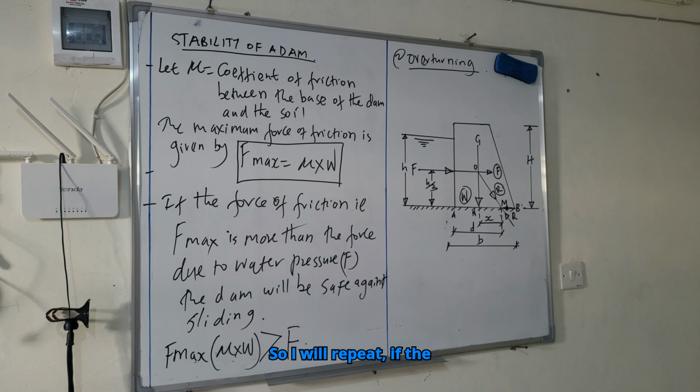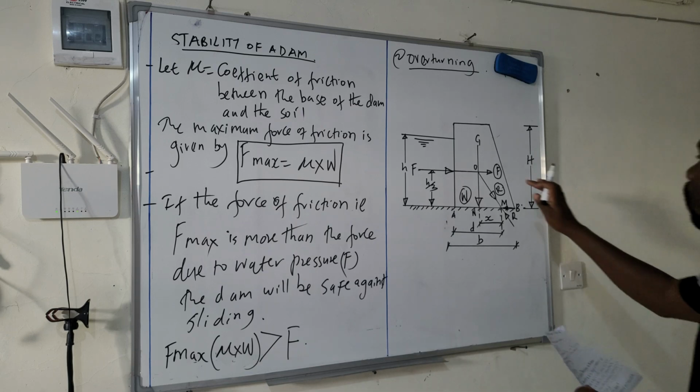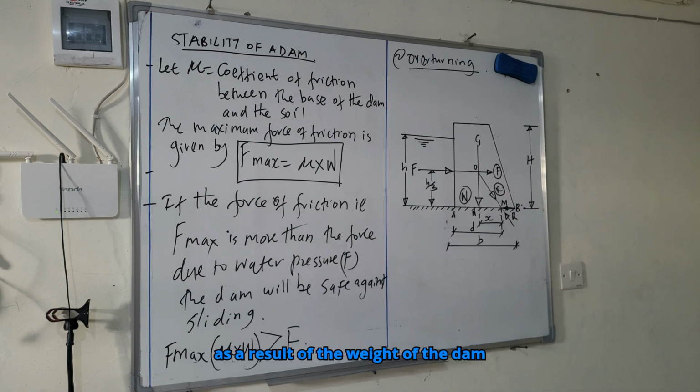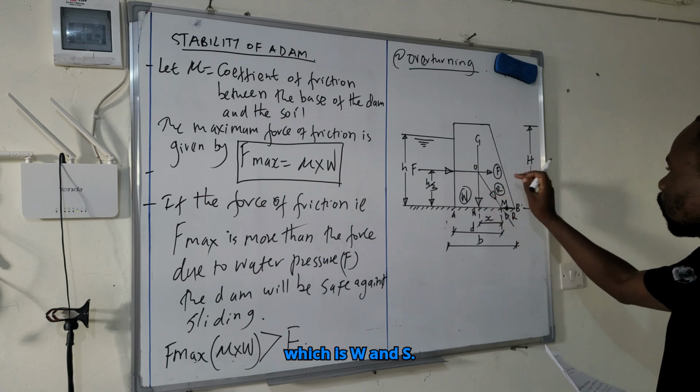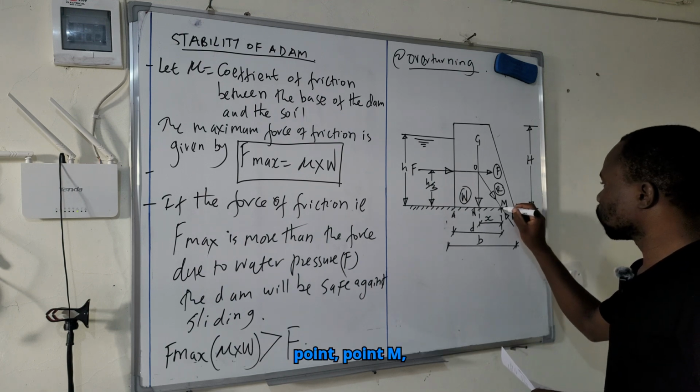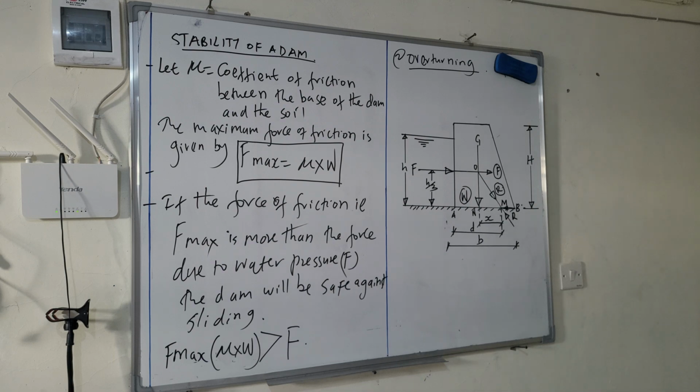So I will repeat, if the resultant R of the weight of the dam and the horizontal force F, W and F, so this R is a result of the weight of the dam, which is W, and F, strikes the base within its width, so if it strikes the base at this point M, the point M lies within the base AB.